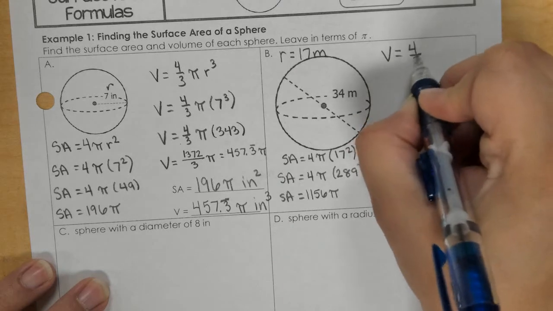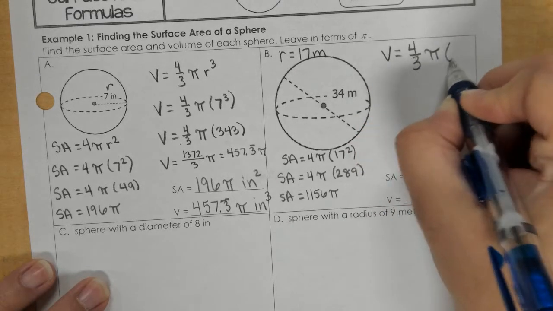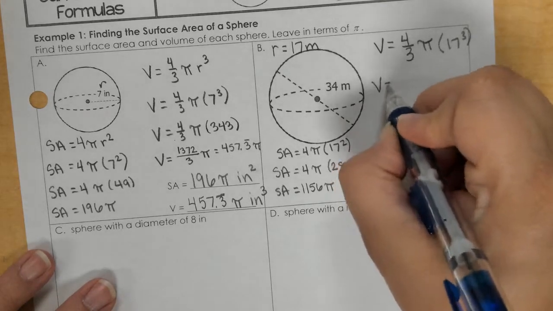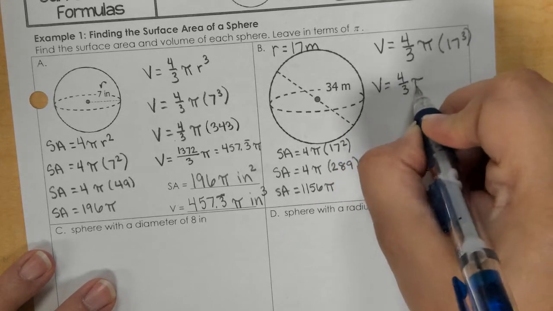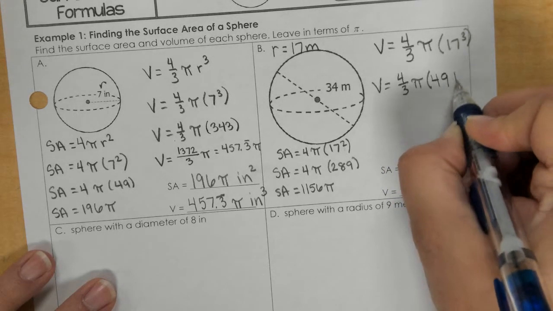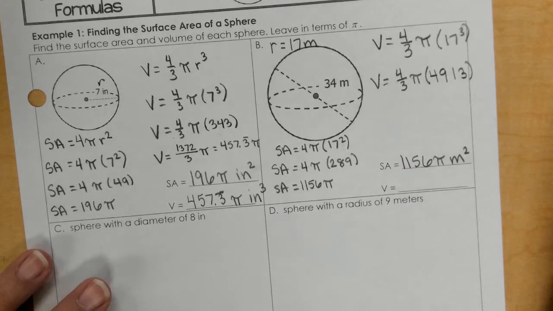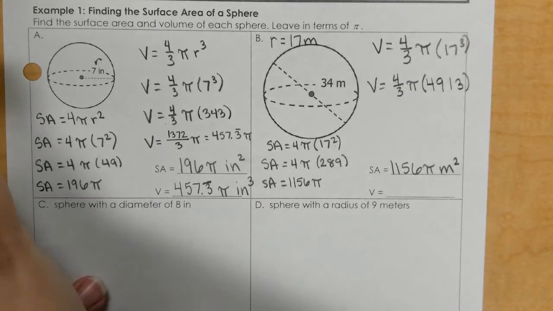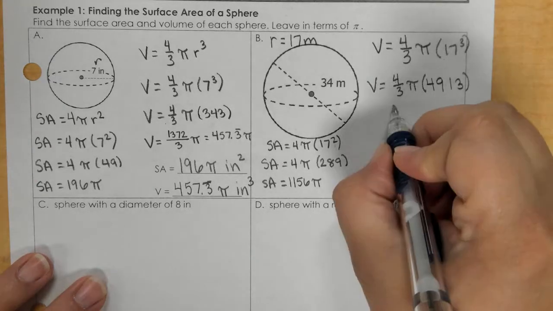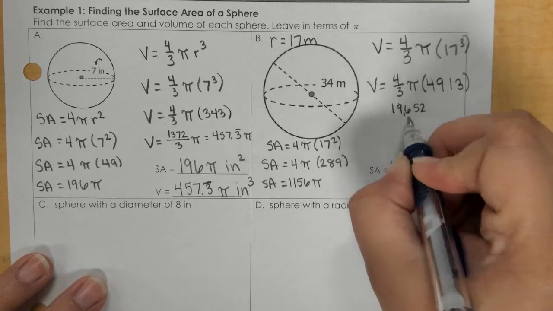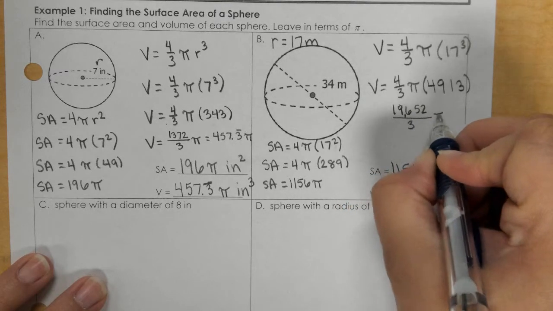For the volume, 4/3 pi r cubed, so 17 to the third power, and that comes up with a very large number of 4,913. So I would do 4 times the 4913, and this gives me a pretty large number of 19,652 divided by 3 pi.